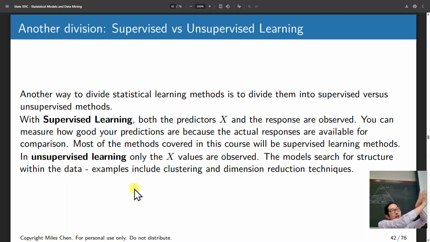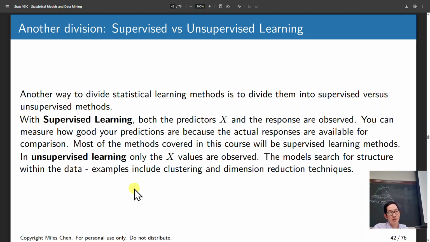Oh, I got 100% on the practice exam, I've learned the material really well. Oh, I only got half the answers correct, maybe I haven't learned the material well. That's supervised learning. You have the answers. I can compare my model's predictions with the actual values, and we can see how well it performs.